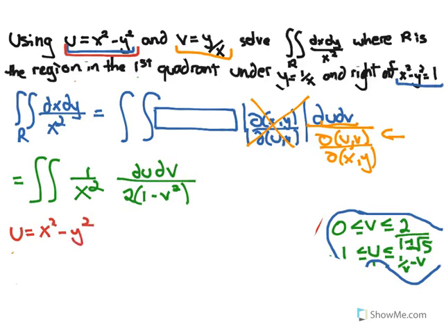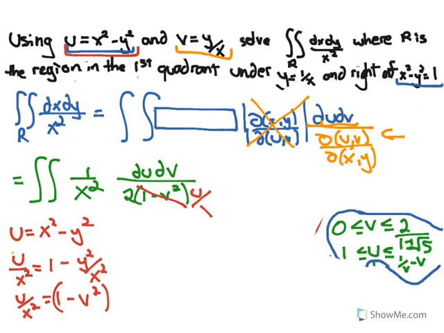What if I divided everything by x squared? So I get u over x squared equals 1 minus y squared over x squared, which is v squared, right? So I can say u over x squared equals 1 minus v squared. So this whole thing can be replaced by u over x squared. So u over x squared, and there's our magic bullet because the x squareds then cancel.